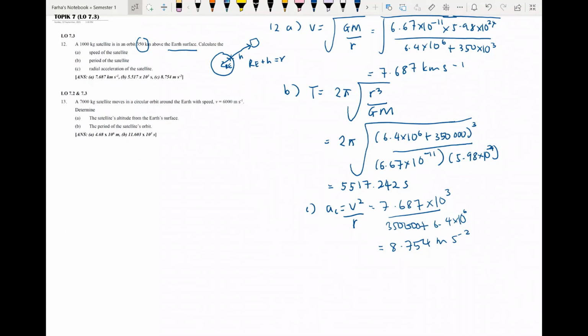Now number 13. A 7,000 kilogram satellite moves in a circular orbit around the Earth with a speed of 6,000 meter per second. Determine the satellite altitude from the Earth's surface.